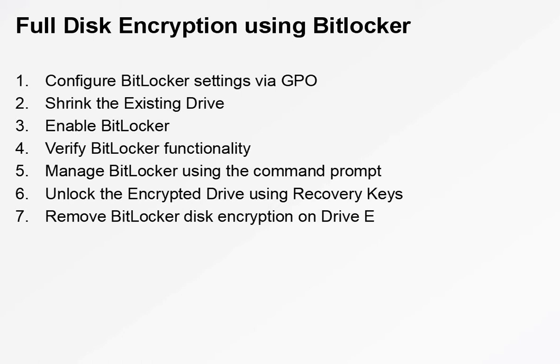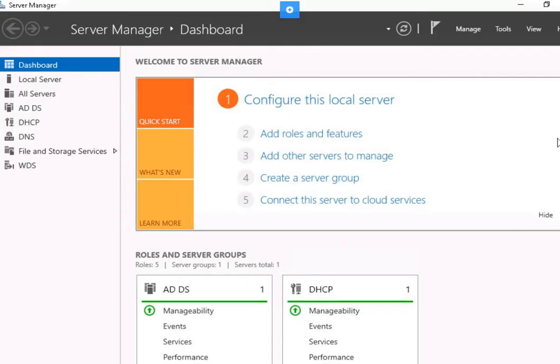Okay, so first we will see how to configure BitLocker settings in a group policy object, GPO. For that, this is a domain controller server, so we're going to perform it on the domain controller.